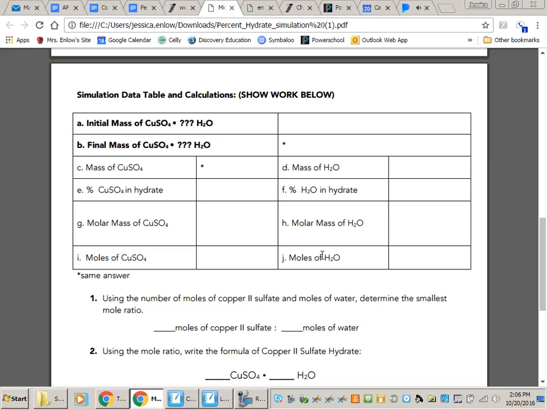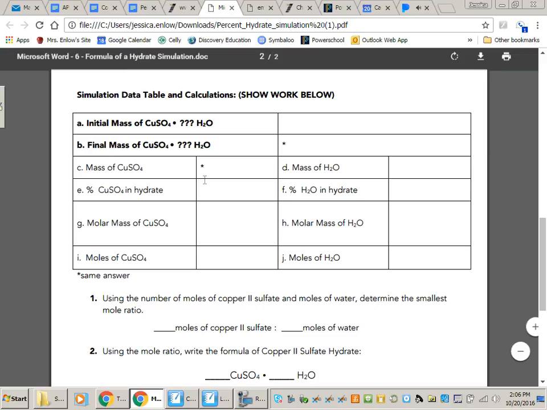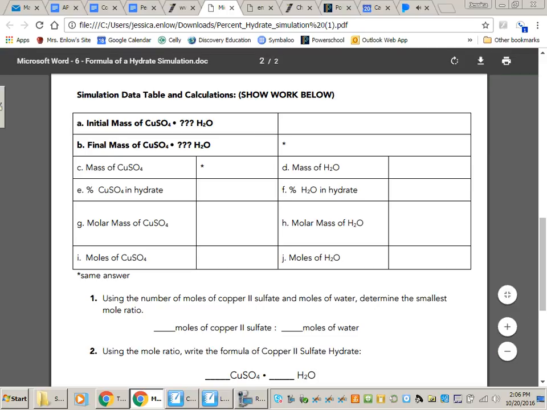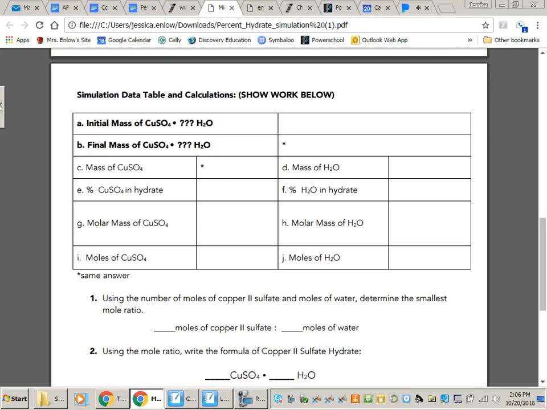You've got to calculate. Once you get your mass here, which is from the simulation, you're then going to take your mass of copper 2 sulfate and compare that to the original mass you had, just like you did in your pre-lab with your silver sulfate or sulfite.